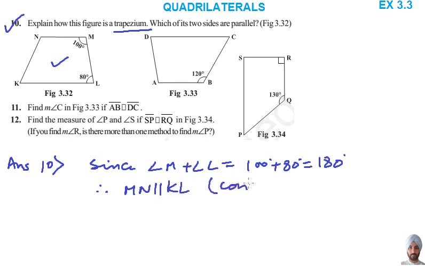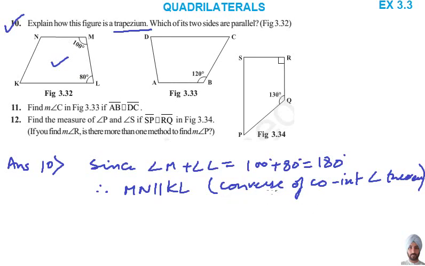Reason: converse of the co-interior angle theorem. Co-interior angles in parallel lines are supplementary. So in case they are supplementary, then the lines should be parallel.